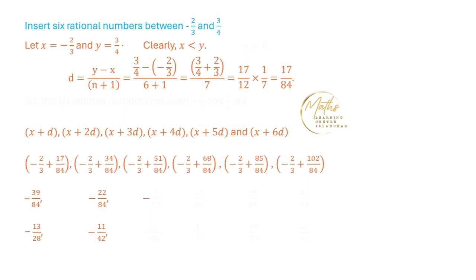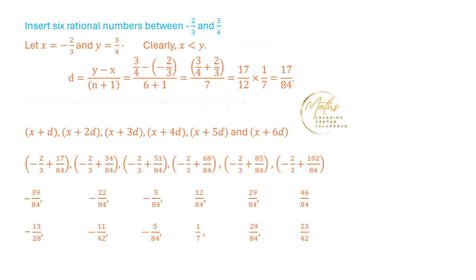On solving, we obtain minus 5 by 84, 12 by 84, 29 by 84, and 46 by 84. Simplifying to the simplest form, we have minus 5 by 84, 1 by 7, 29 by 84, and 23 by 42. So these are the 6 rational numbers which lie between minus 2 by 3 and 3 by 4.